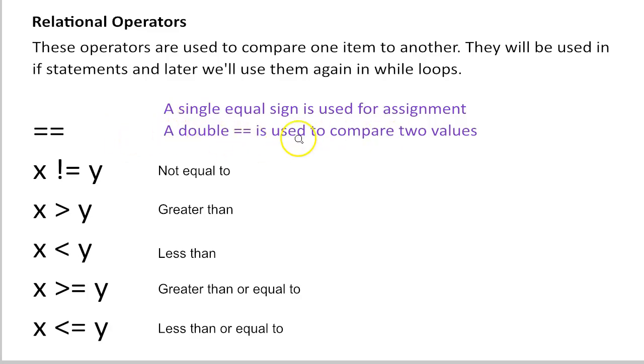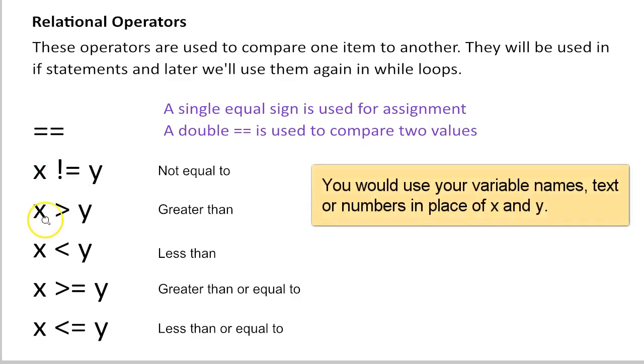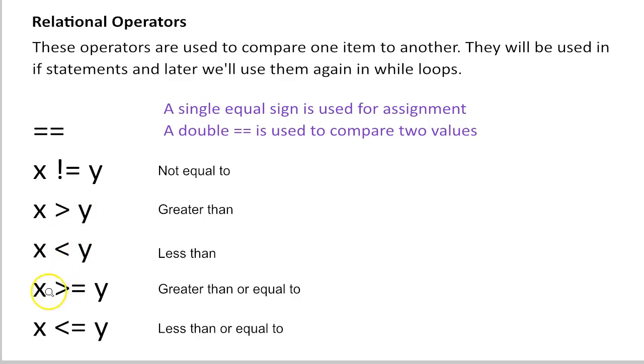Double equal sign is used to compare two values. The exclamation point with an equal sign means not equal to. X is not equal to Y. X is greater than Y. X is less than Y. X is greater than or equal to Y. Or X is less than or equal to Y.